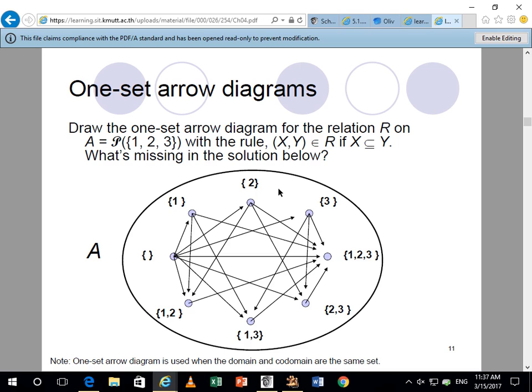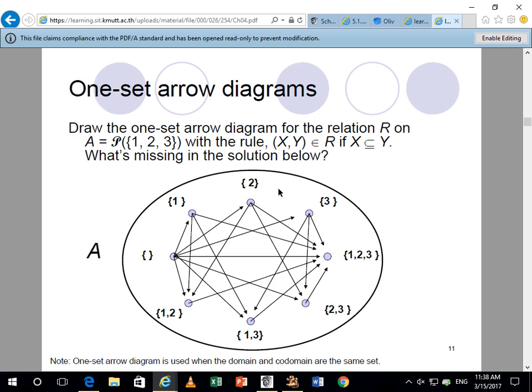So what do we have? The empty set maps to everything, because an empty set is a subset of anything. Empty set is a subset of this, of this, of this. Empty set is a subset of any set. So you see the arrow points to all of those.